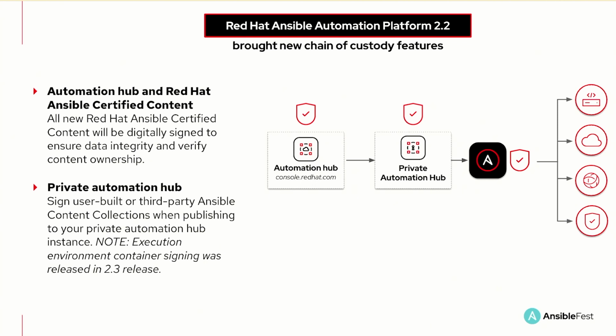Second one is private automation hub. And the third one, the A sign inside the black box, that's the logo for automation controller. There are signing or verification features available in automation controller now when you pull your projects. So that's also where we have built the chain of custody. I'll talk about that in a bit more detail.